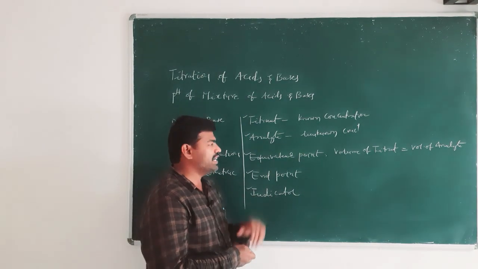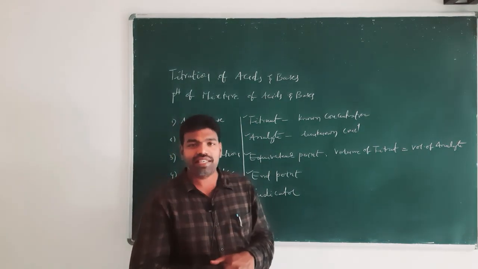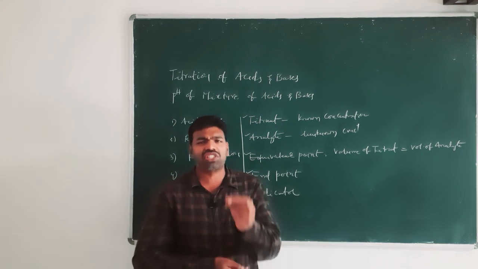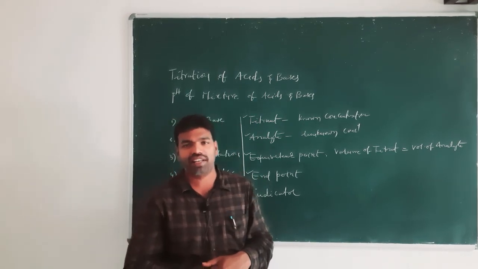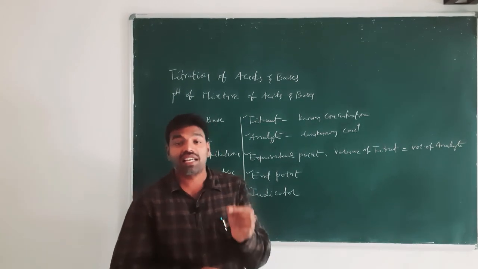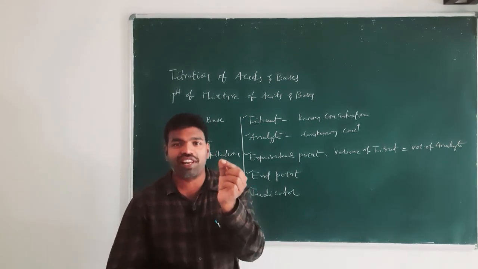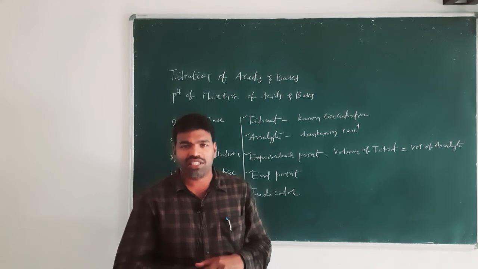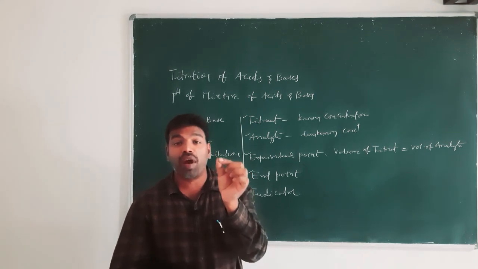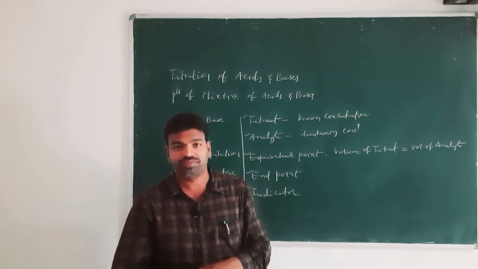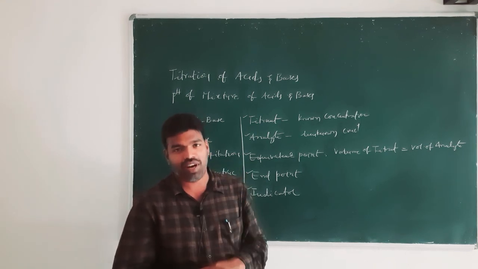And the end point is the point just above the equivalence point. How much above the equivalence point? It is less than or equal to 0.1 ml above the equivalence point.